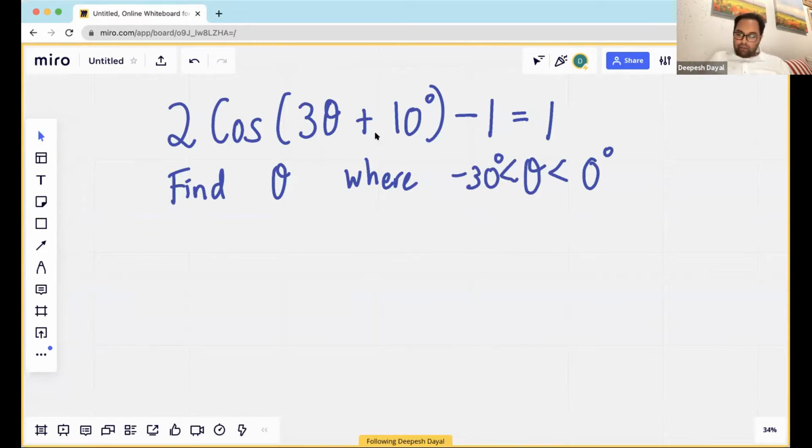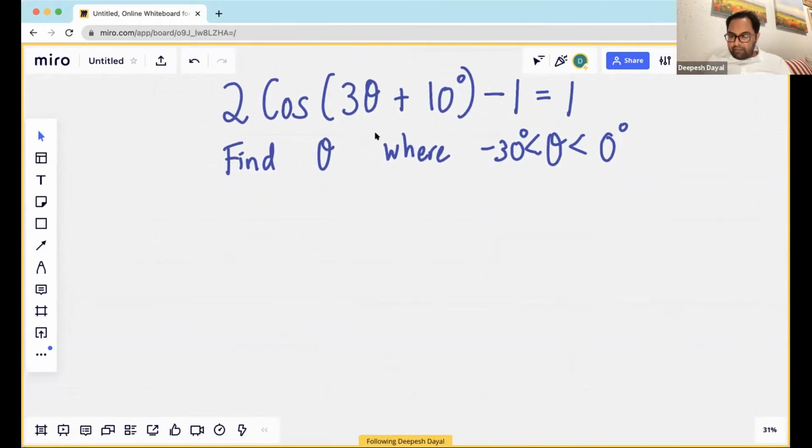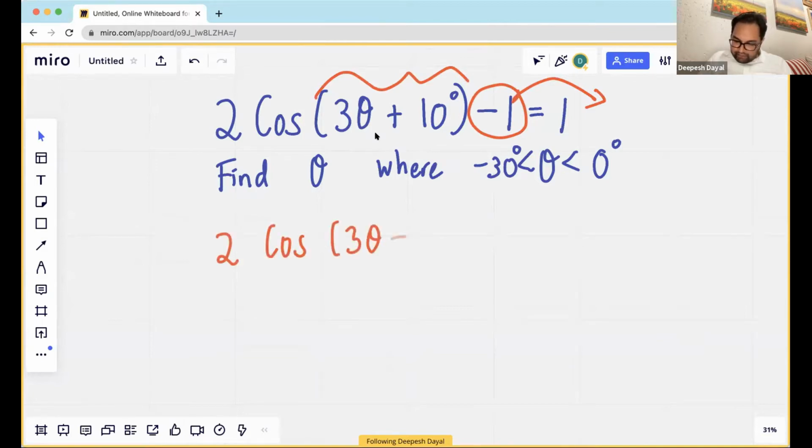I'm going to do this one with you. I hope you've all written it down. So the first step we're going to do, we cannot interfere with anything in this bracket, right? So we're first going to take this 1 over to this side. So it will become 2 cos (3 theta plus 10 degrees) equals to 1 plus 1.